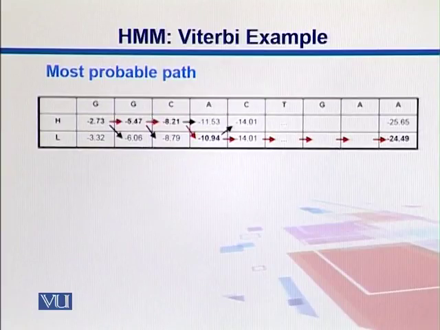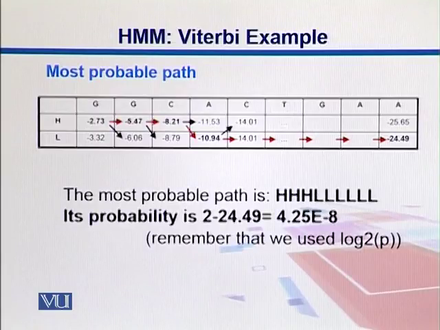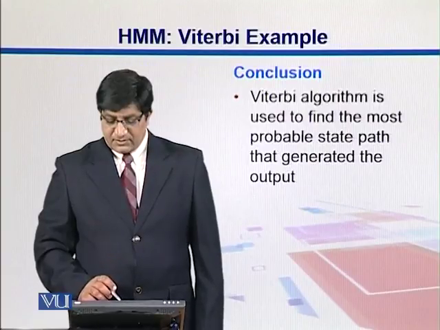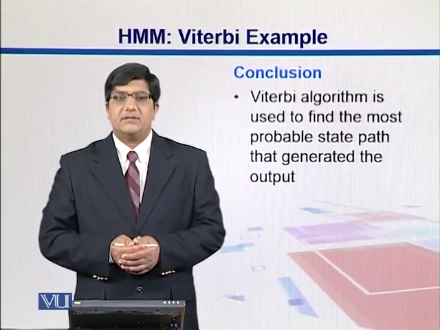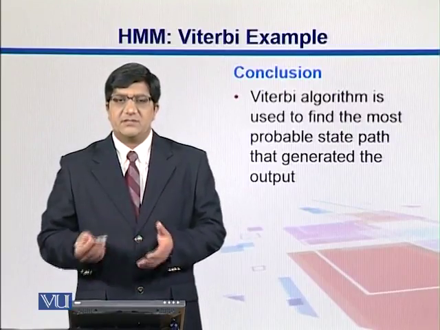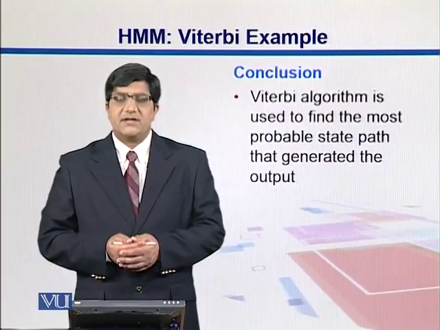We have those pointers showing where we are getting these numbers from, so we can trace back, and in the end we can conclude that the most probable path is this. It started and stayed in HHH, and then it moved into LLN, and the overall probability of this sequence is this one. So the Viterbi algorithm is used to find the most probable state path, and this is the decoding algorithm. In this example we tried to understand how it works.